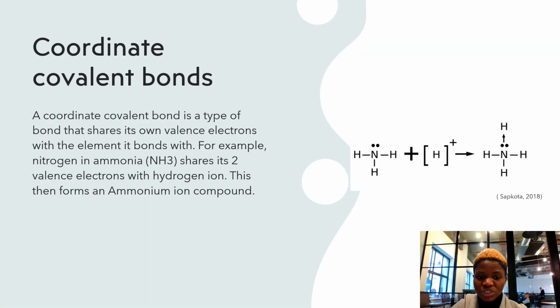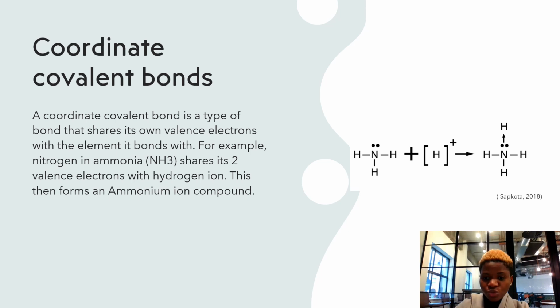And then last but not least is coordinate covalent bonds. What does this mean? A coordinate covalent bond is a type of bond where one atom supplies both of the shared electrons. It does not require an electron from the atom it's bonding with, but rather it gives electrons to those atoms to complete their valence shell.